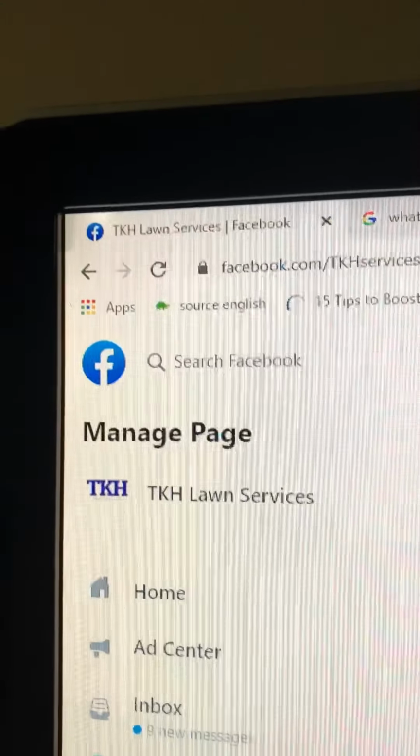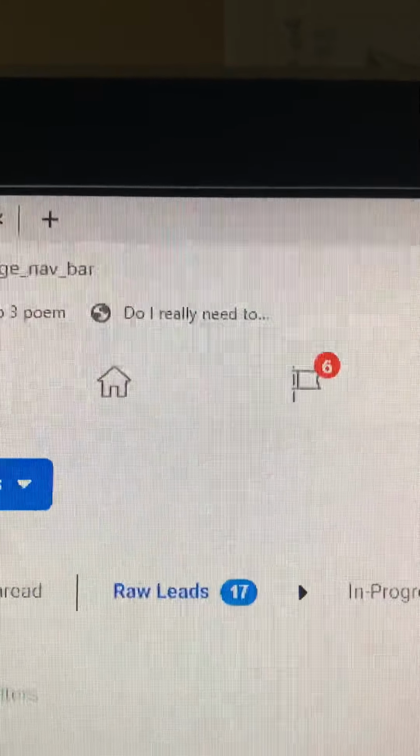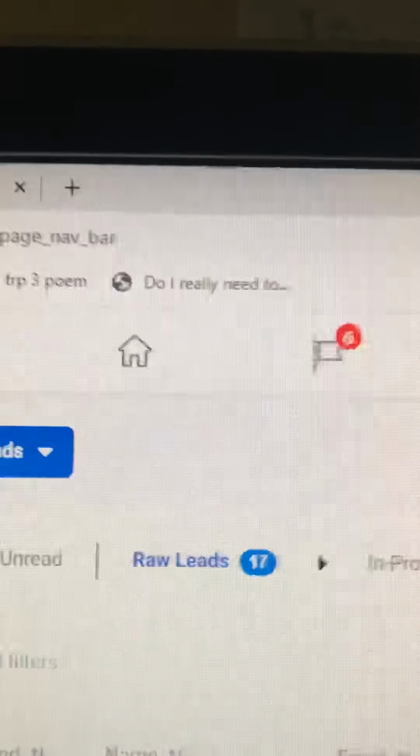You can see the TKH Lawn Services Facebook page, 17 leads, raw leads. At first I'm like, what in the hell's a raw lead? I don't know Facebook's definition of that. So I Googled it, and it says lead generation is the process of building interest in a business's products or services. On Facebook, you can create campaigns using a lead generation objective that allows consumers to fill out a form called an instant form with their contact information.